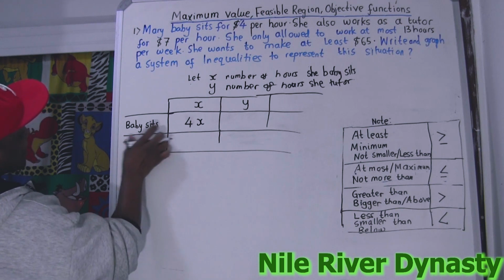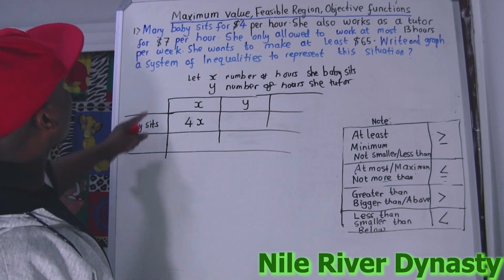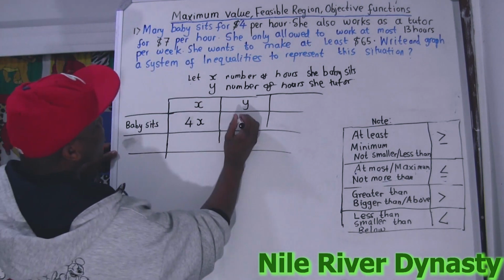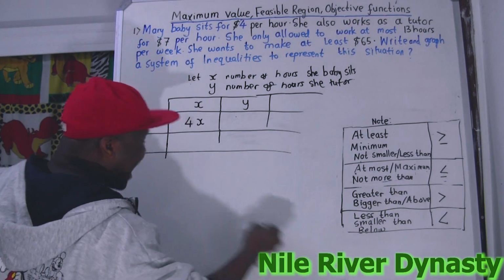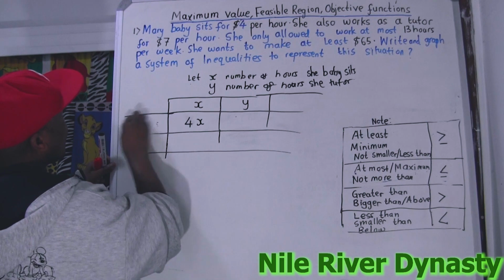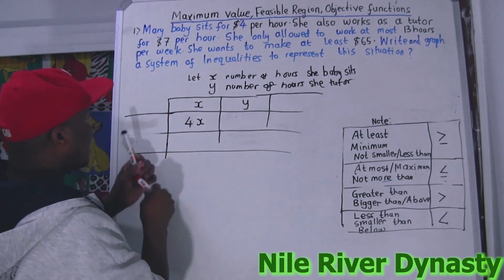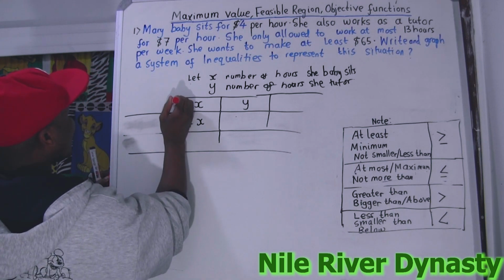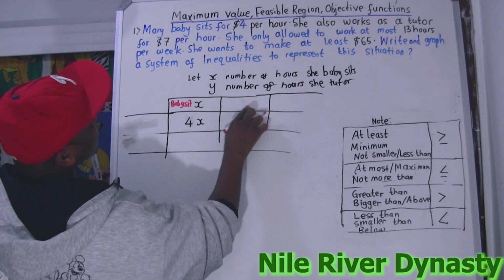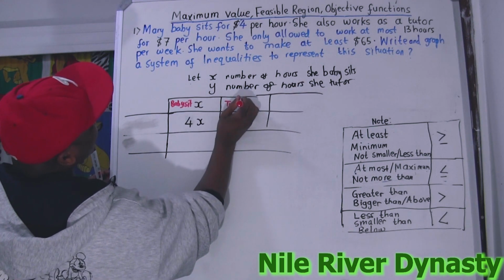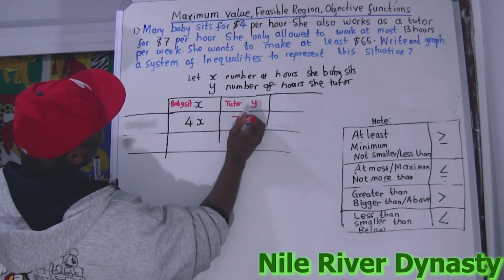It's not going to make sense, so I'm going to say x is the number of hours she babysits, and here is going to be for tutor. So I'm going to say 7y.